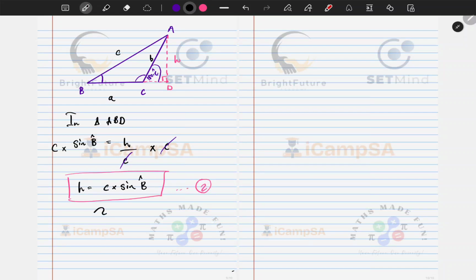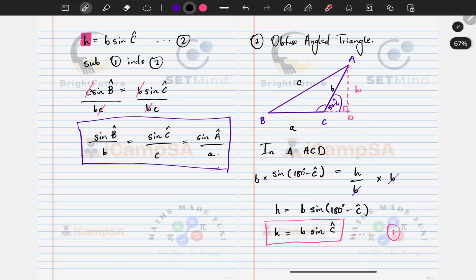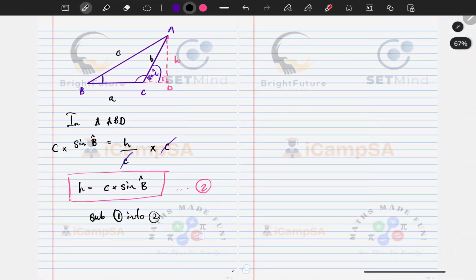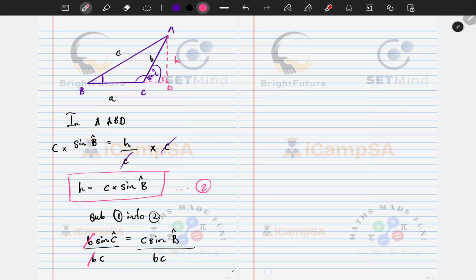So from here I can just substitute 1 into 2. What is my equation 1 saying? It's B sine C. So I'm going to have B sine of angle C equals C sine of angle B. And then from here, on both sides, I'm going to divide by BC, so B and B will cancel, then C and C will cancel.